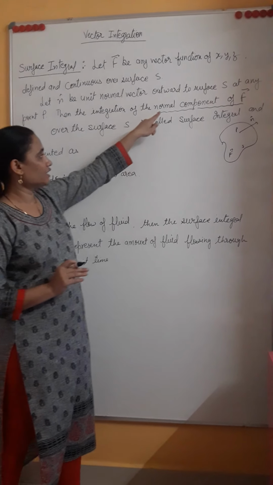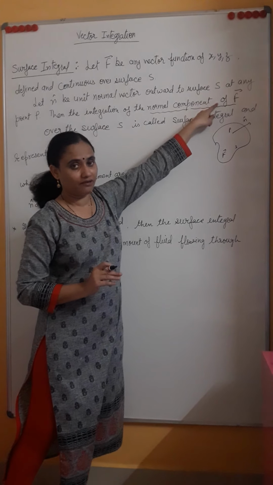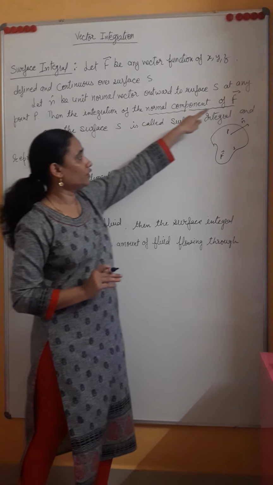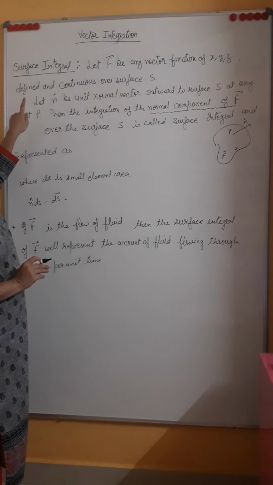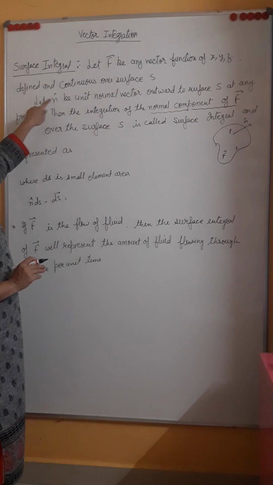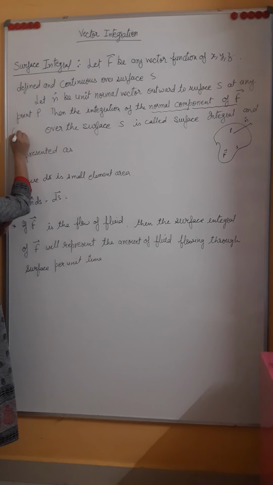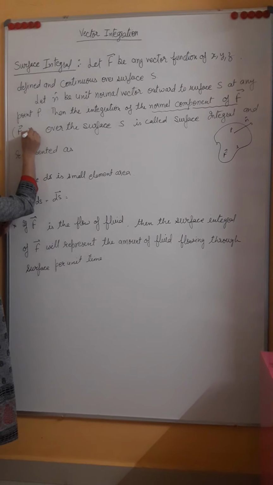So for the normal component of f, I have to take the dot product of f with the direction of the normal, that means n cap. So I can write this as f dot n cap.